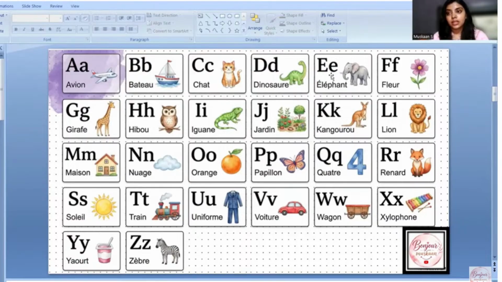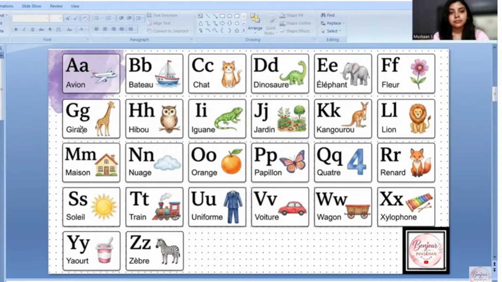E for elephant. Elephant. F, F for fleur. Fleur is flower.